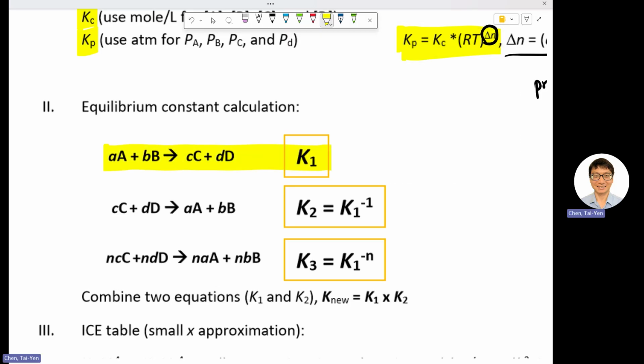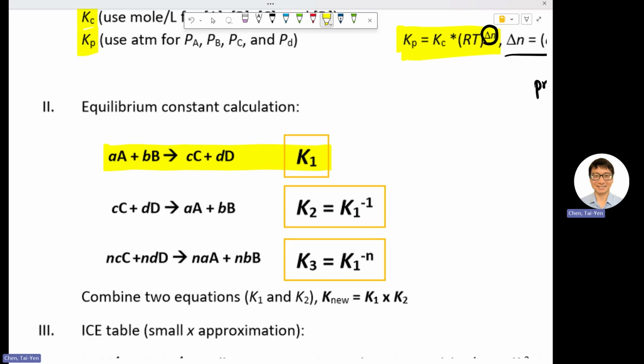For example, let's say we start from this most famous chemical reaction, right? aA plus bB gives you cC plus dD. Then we define that as your equilibrium constant K1. Now, if I flip it, think about it: when you write out the equation, you basically just invert your original equation, right?